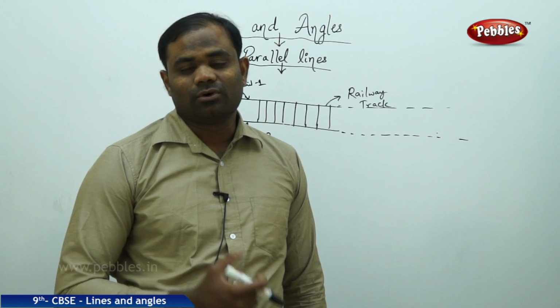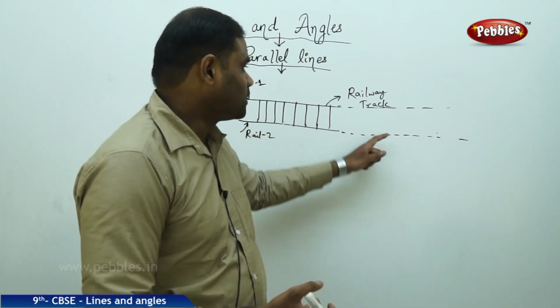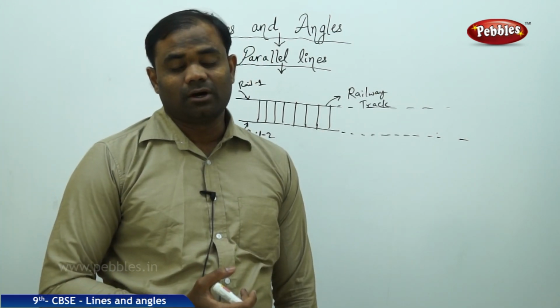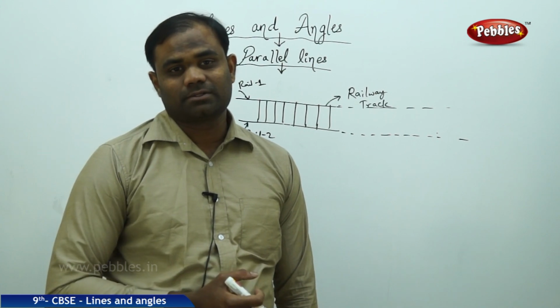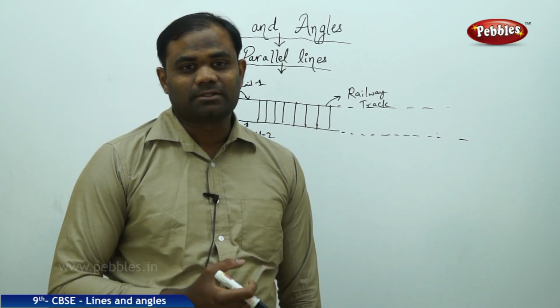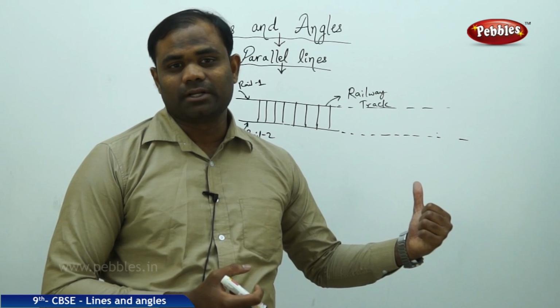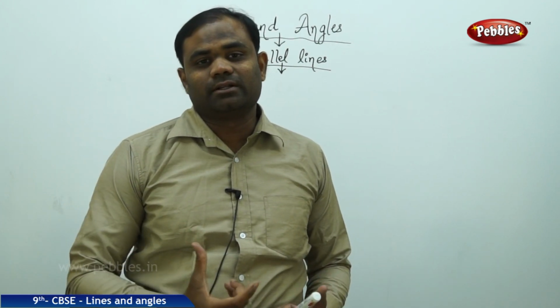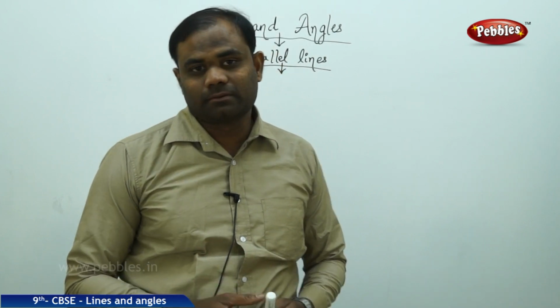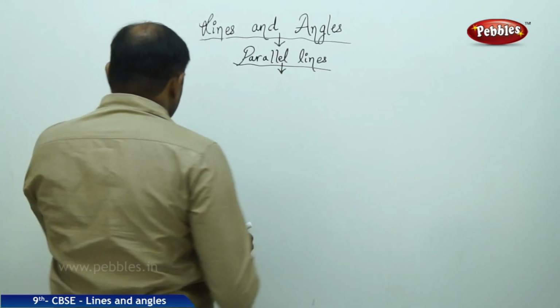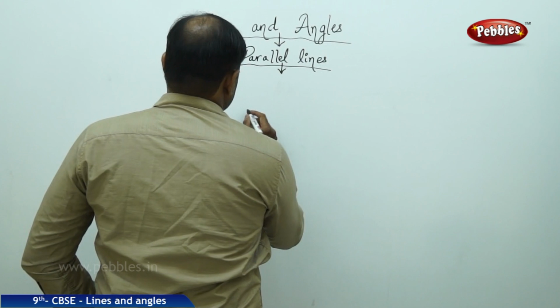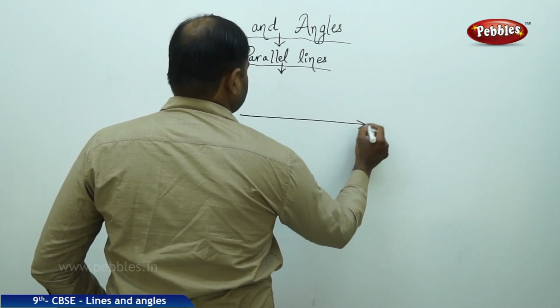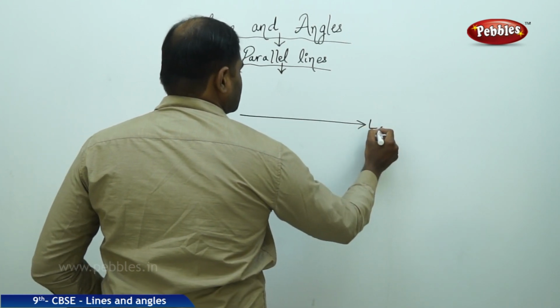They always go on and on till infinity, but they never meet, is how we understand the parallel lines. Parallel lines and its properties to be continued further. Now let's take two parallel lines to understand the further properties related. Imagine I have two parallel lines, L1 and L2.